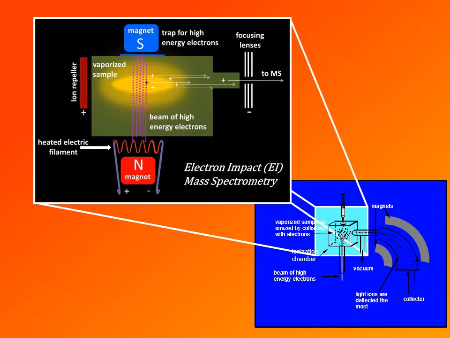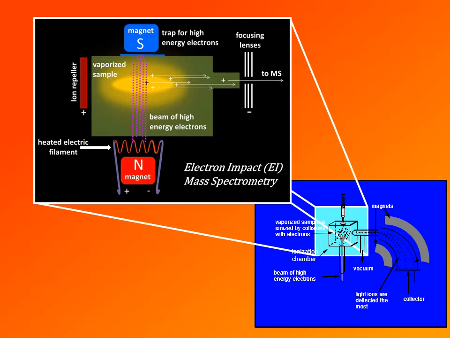There are electric plates at high voltage on the outside of the ionizing chamber. The positively charged plate, of course, repels cations, and it's called the ion repeller, so it repels cations away from itself, while focusing lenses are negatively charged and attract ions towards themselves. They have a hole, and so as ions or radical cations are attracted towards the focusing lenses, they pass through the hole and enter the mass spectrometer.